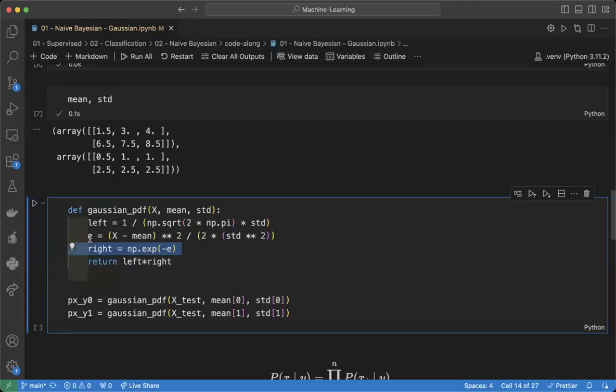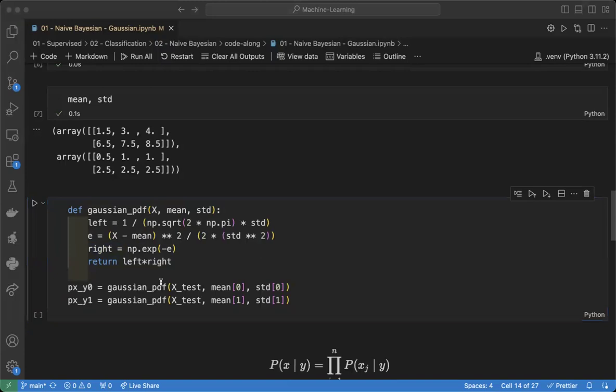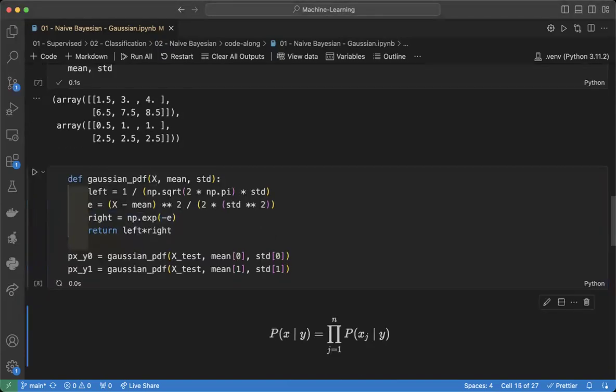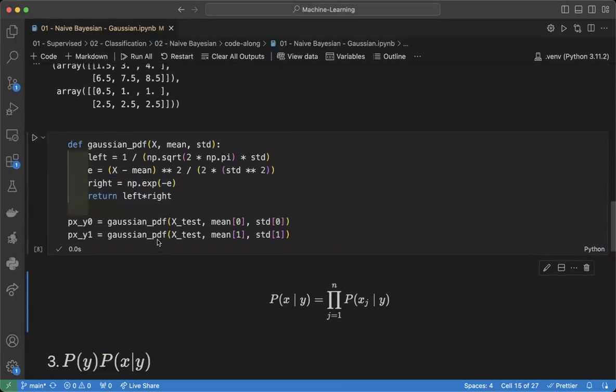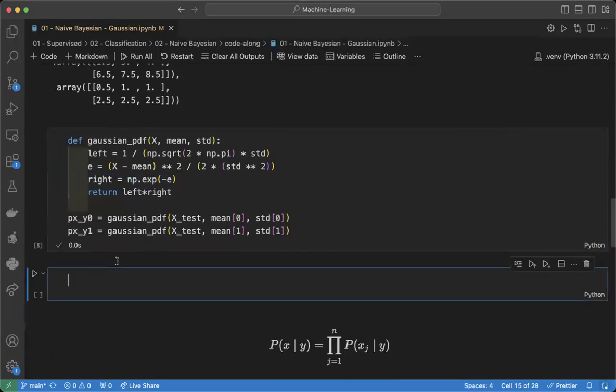Basically the right side is together with the E, and then I return left times right. You can pause the video and type along with me. All right, so now we got this p of x given y0 and p of x given y1.